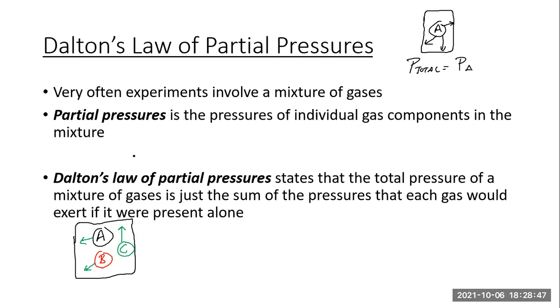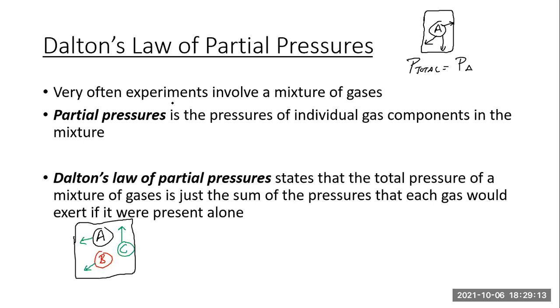In this particular case, they are each contributing to the overall pressure in that container. As gas A hits the wall, for example, it's going to cause some pressure. Then gas B will hit the wall, gas C will hit it. There'll be these collisions occurring as a result of all three different gas molecules.